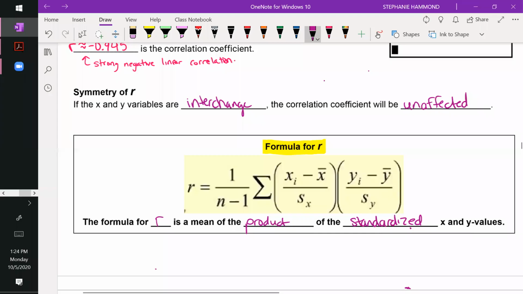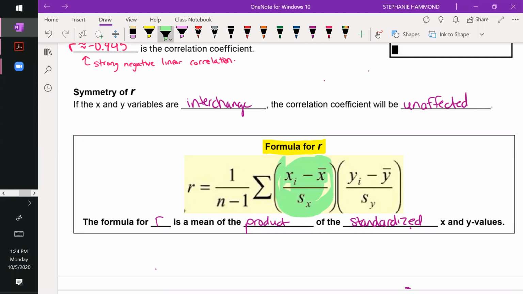So you can actually see that here, the X values minus their means divided by their standard deviations, that actually is the standardized X values.